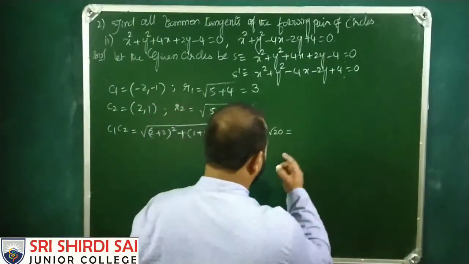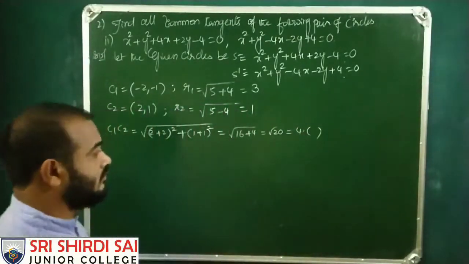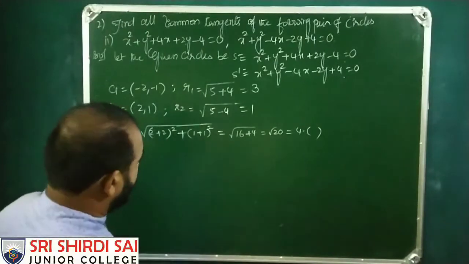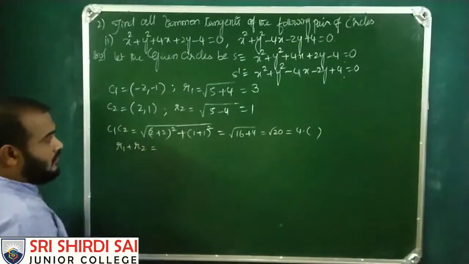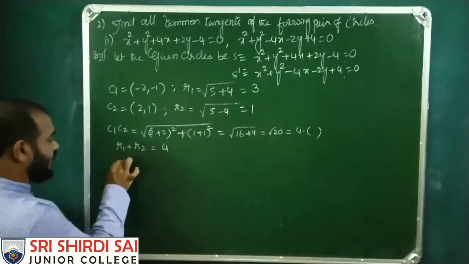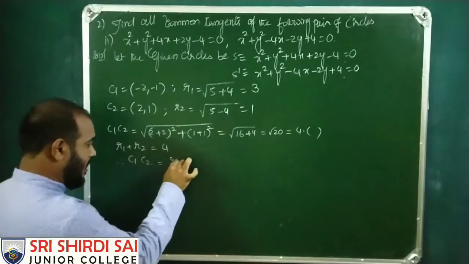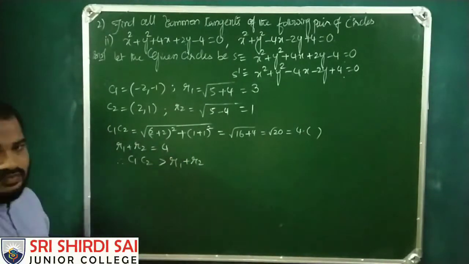Otherwise, more than root 16, it is 4 point something. Now R1 plus R2 equals 3 plus 1, 4. Therefore, C1C2 is greater than R1 plus R2.